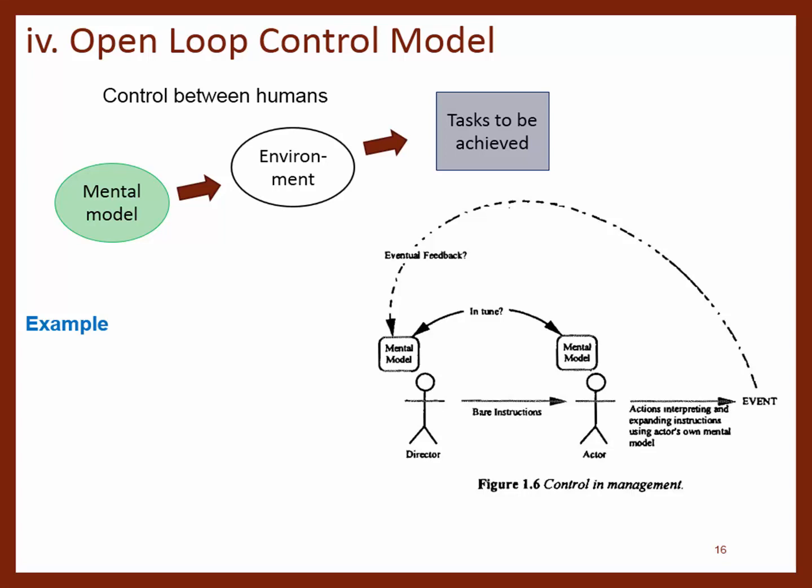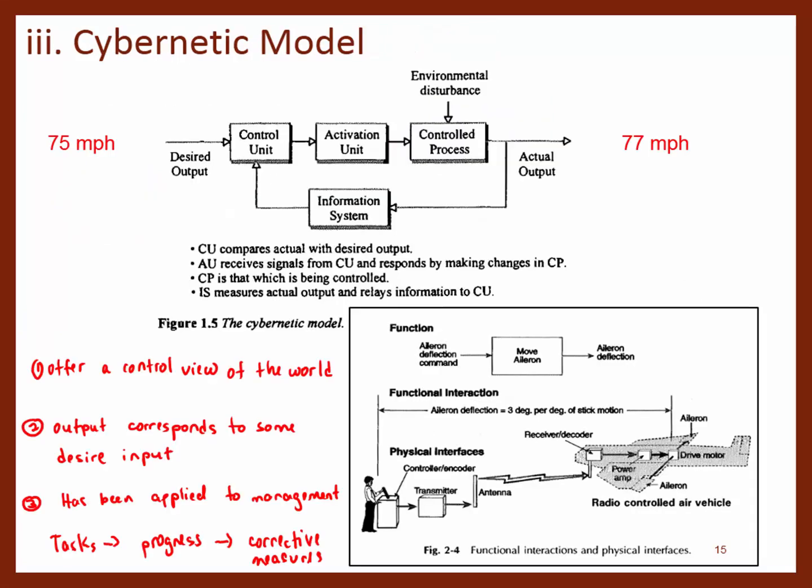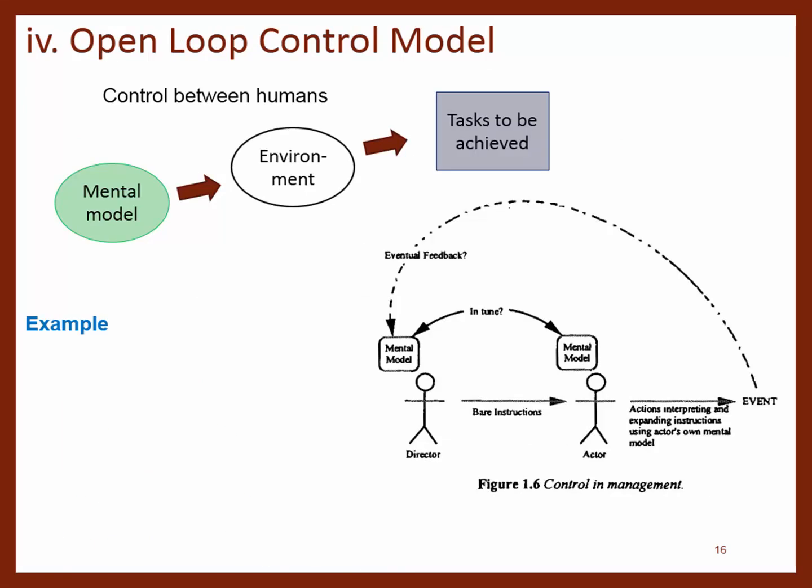Here's another interesting model. This is an open loop control model. So, cybernetic model, open loop control model. This is more related to human behavior. Again, the example that I just provided in terms of professors and students, or officers and soldiers.